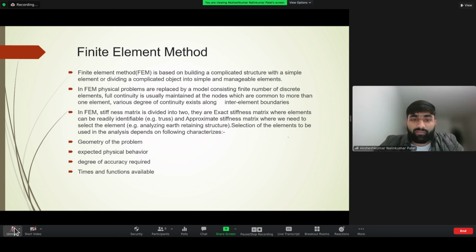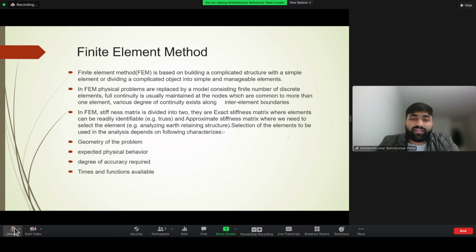First is the geometry, so we have to understand the geometry of the structure, I mean of a retaining structure. Then the expected physical behavior: how it behaves with surcharge loading, or when we don't have surcharge loading, we have to estimate the physical behavior.